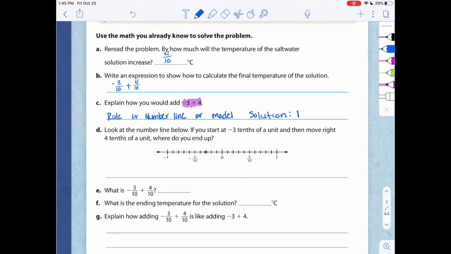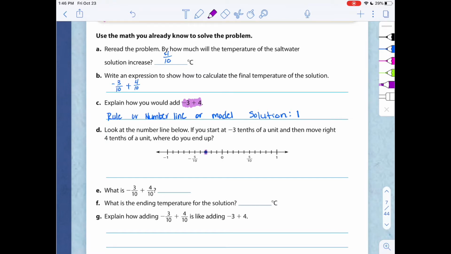Look at the number line below. If you start at -3/10, which remember was the starting point in the problem, and then move right 4/10 of a unit, where do you end up? So looking at the number line, you can see that we already have a point at -3/10.